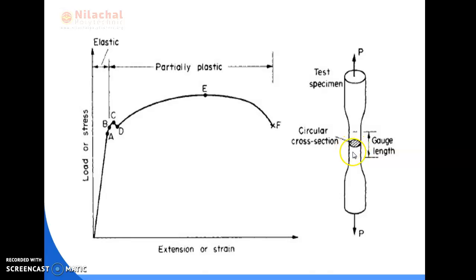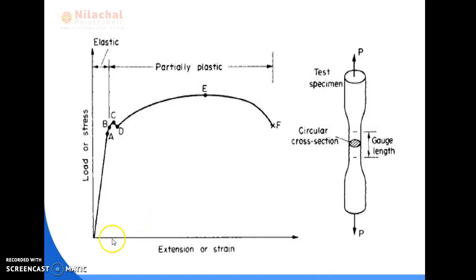The circular cross section of the specimen is shown to you. Now we fix the specimen with the two jaws of the universal testing machine. We apply the load, and the graph will be plotted.